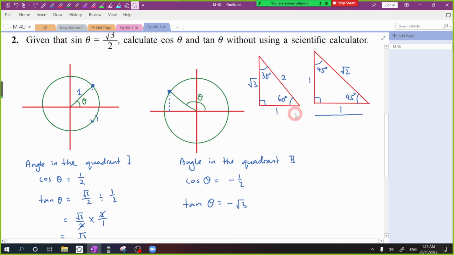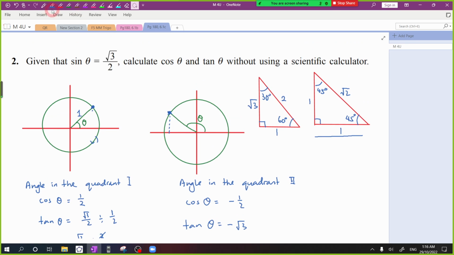Now let me show you another method. Given by the question, sine theta is equal to square root 3 over 2. When you refer to these two triangles, you know that here we have square root 3 and here we have 2. We know that this theta can be taken from this triangle, right? As OH, so it should be sine 60 degree.